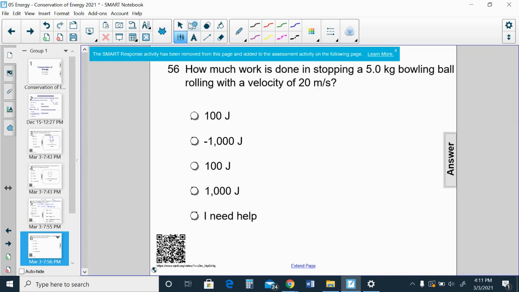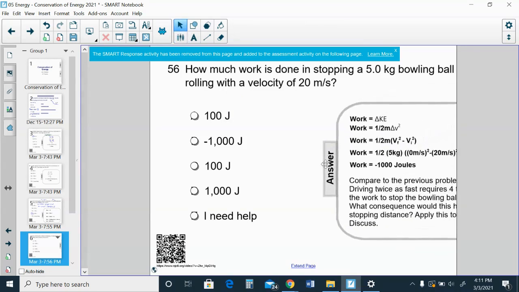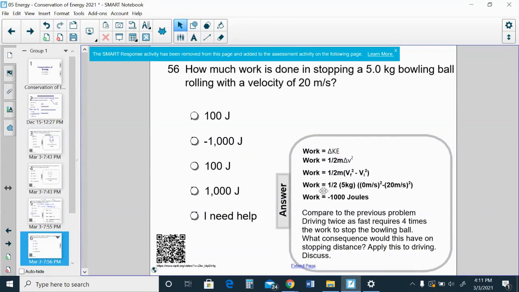How much work is done in stopping a 5-kilogram bowling ball rolling with a velocity of 20 meters per second? So similar to the last question, same exact process, where ultimately you could just solve for change in kinetic energy.